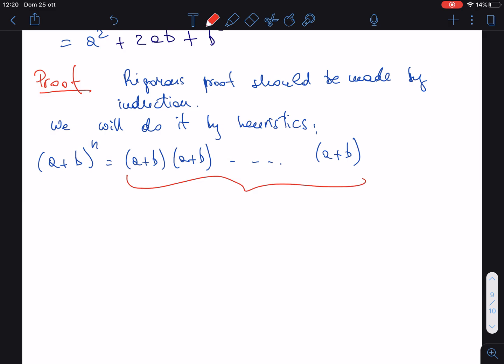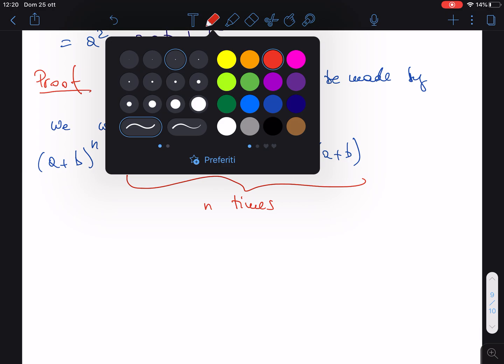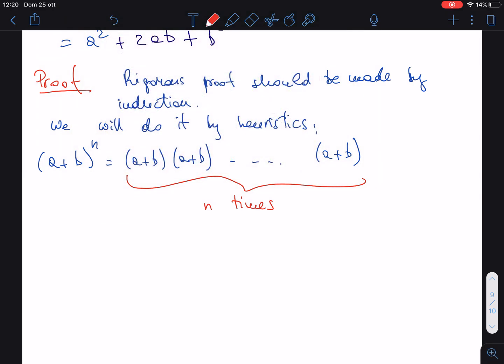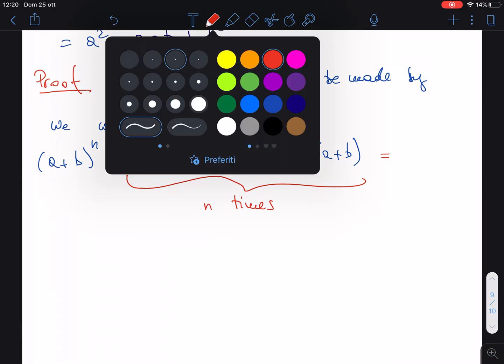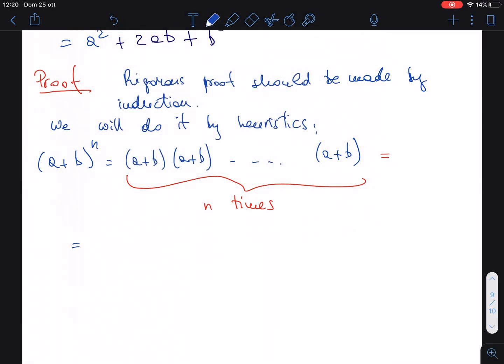You do it n times. Okay? Try to develop this huge product. And of course, you write this product as a sum of many polynomials.